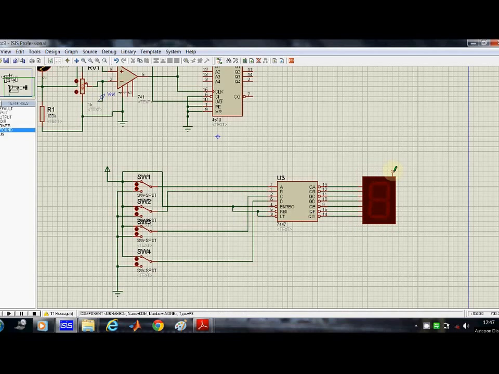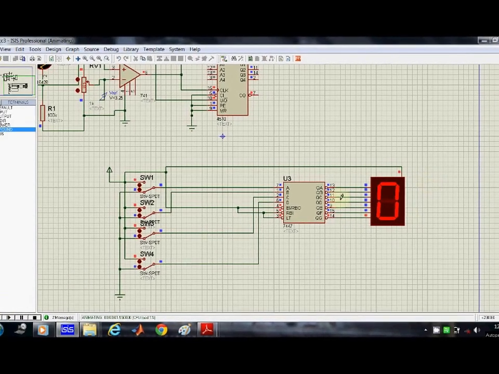This is a common anode, so I'll connect this as well to the power. This was the terminal for the common anode. Now I'll simulate it. You can see that all is 1, so I put it into ground first, that is, the input is now 0.